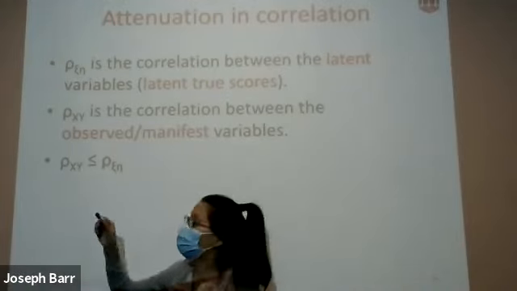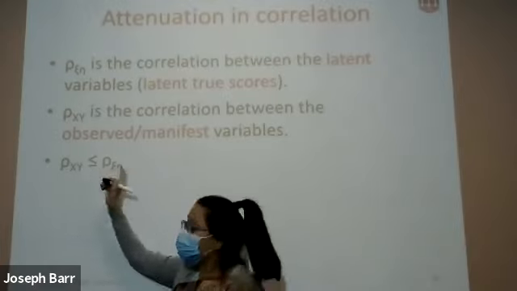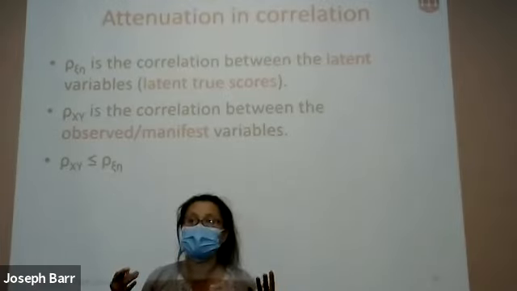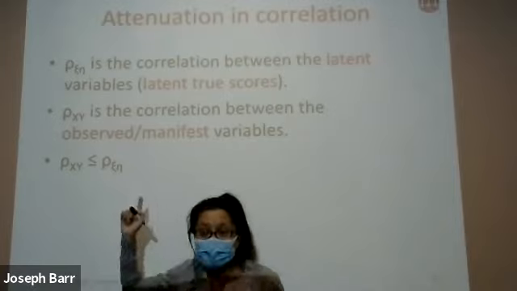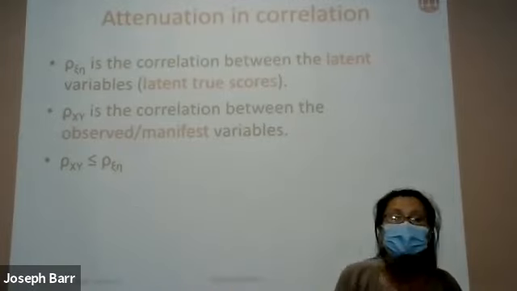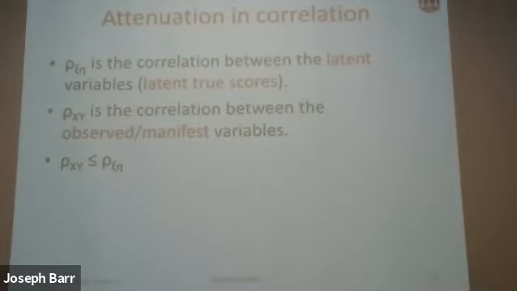What we observe as a correlation is actually smaller than the true correlation based on CTT. That is called attenuation of the correlation, because what we observed is smaller than the true value.